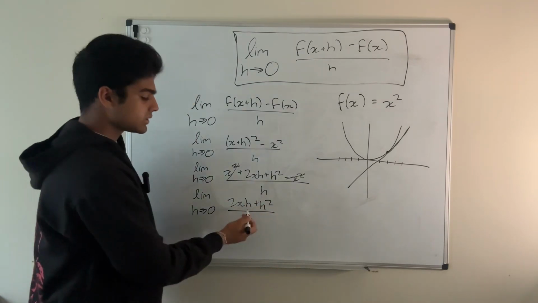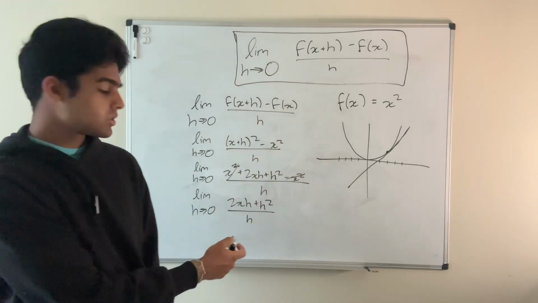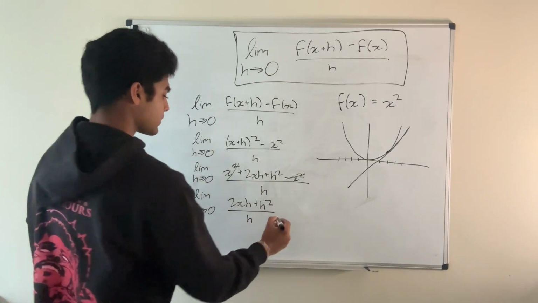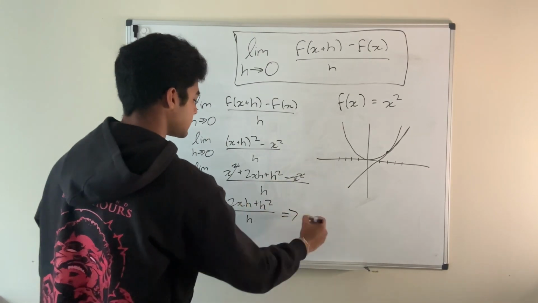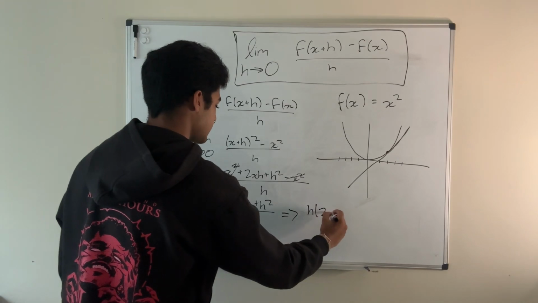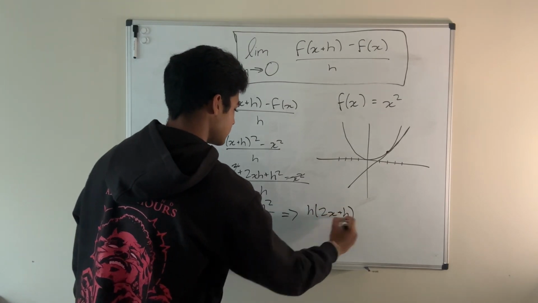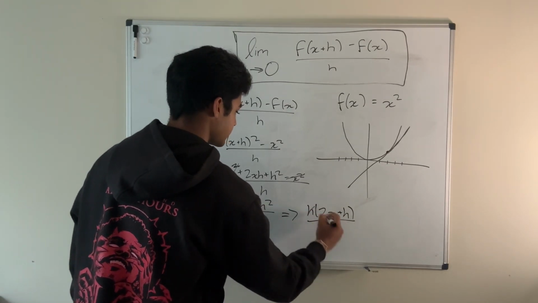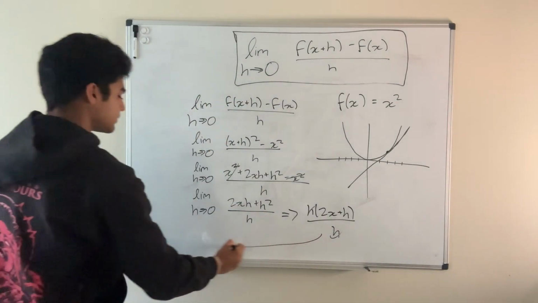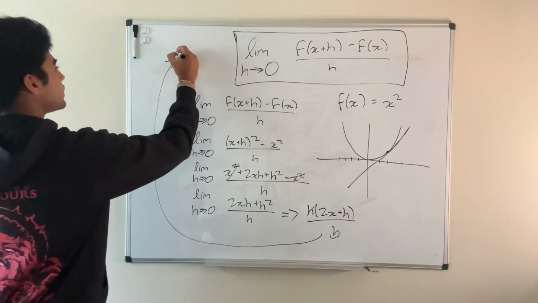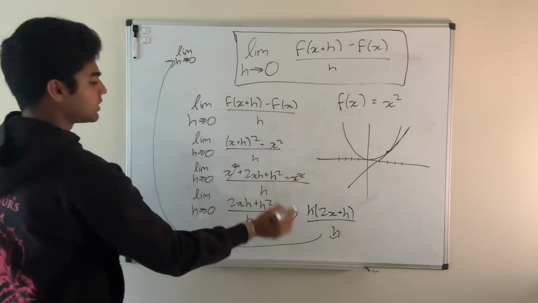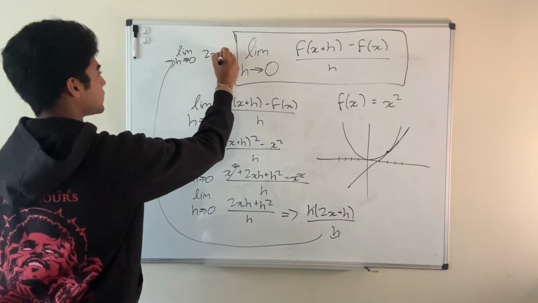Now again, same thing, you can see we can factor out this h from the numerator, and then we can cancel it out. So this is the same thing as h times (2x plus h) over h. And then we can cancel this out. And then over here, I'll take this up here again. We're left with the limit as h approaches 0 of 2x plus h.